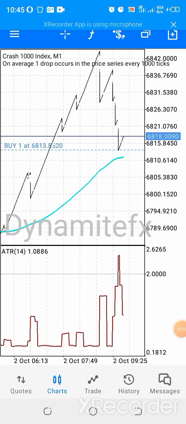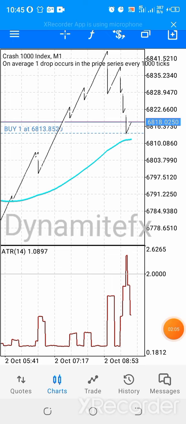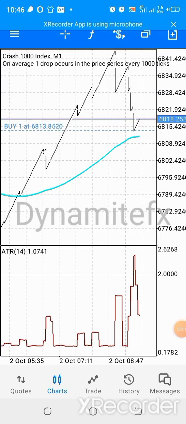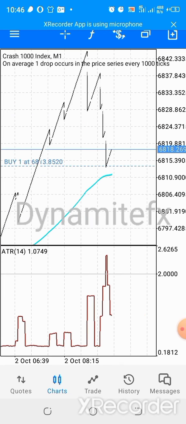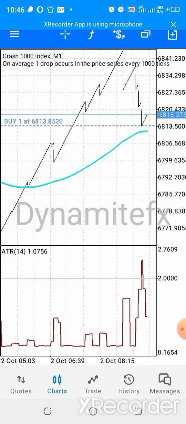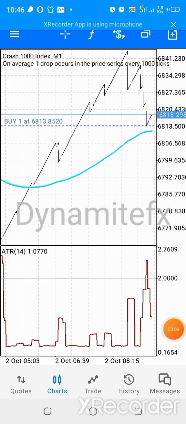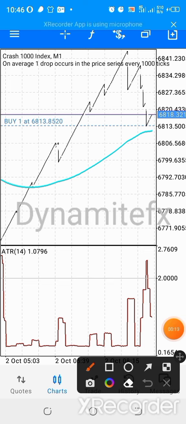Then the next condition is that here where you have the 80 arrow, down here, you can see that price crossed and spiked above 2.0.